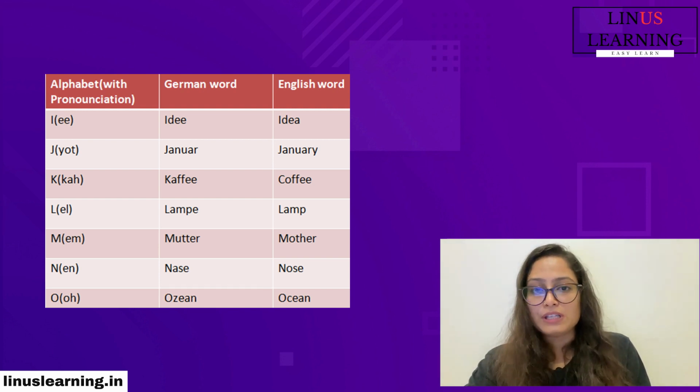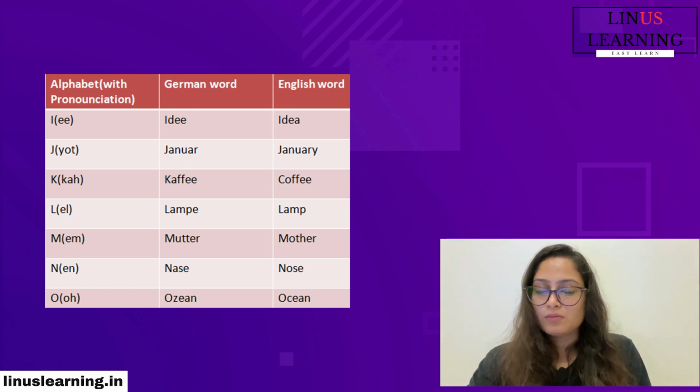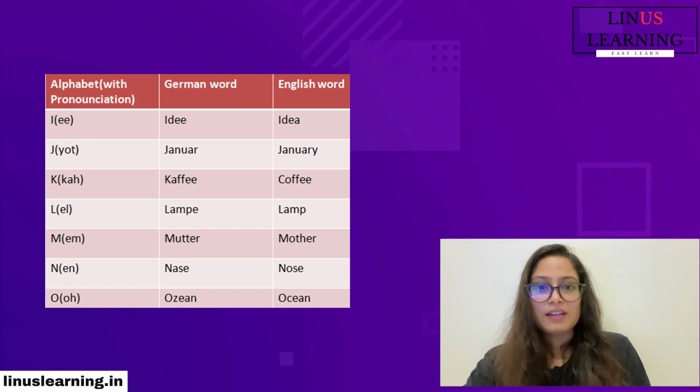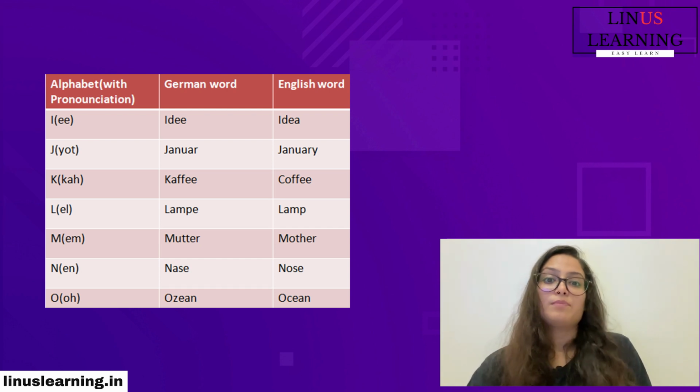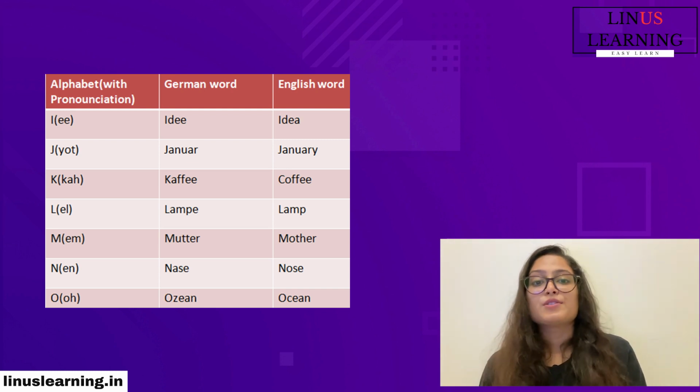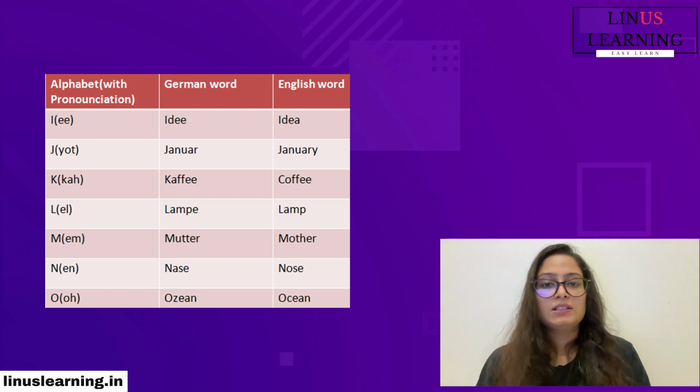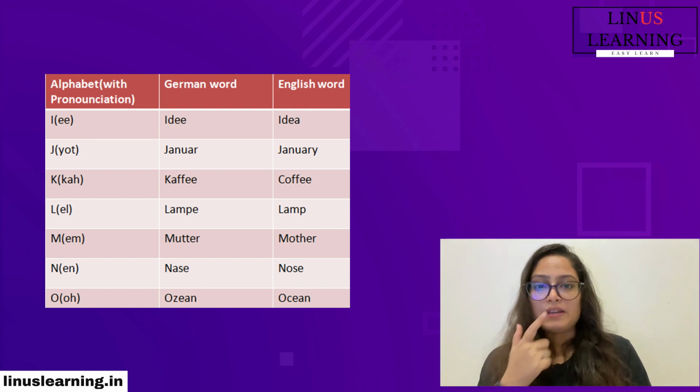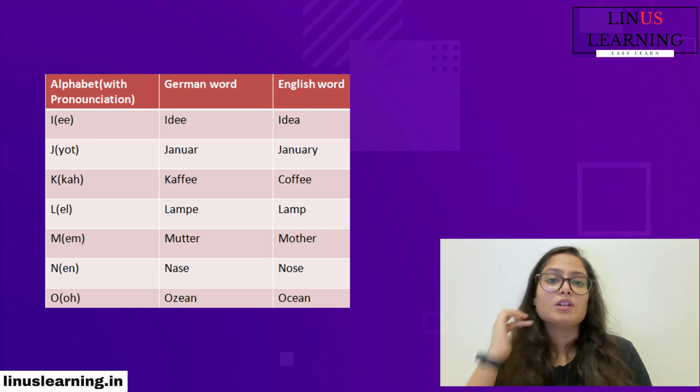Then M wie Mutter. Mutter means mother. In the very first introduction class I also told you that mother is Mutter in German, Mata in Hindi, right? So Mutter is the German word for mother. N wie Nase, Nase is nose.